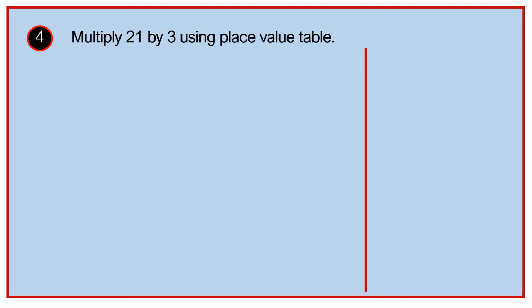Okay. So in part 4, we are going to multiply 21 by 3 using the place value table. Now, look, we have got 21.